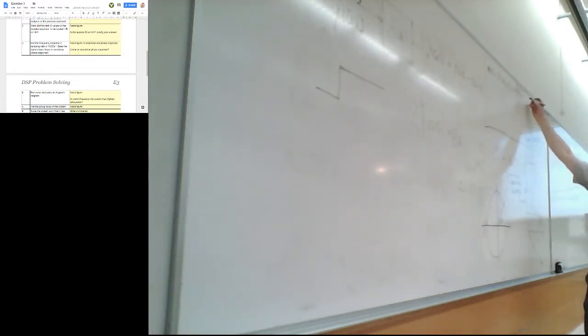What comes out is A times the amplitude response, which for real life signals would be something like a physical scaling. And then the same sinusoid plus the phase response.